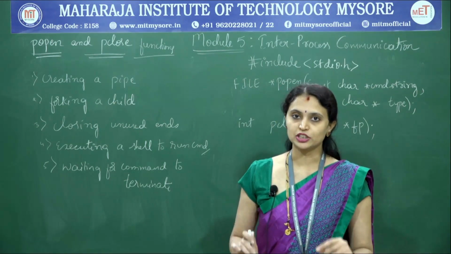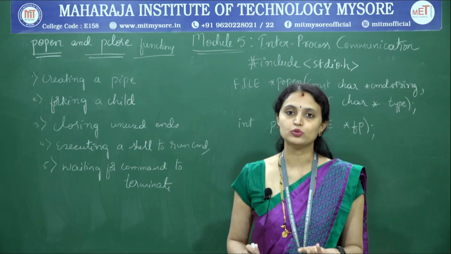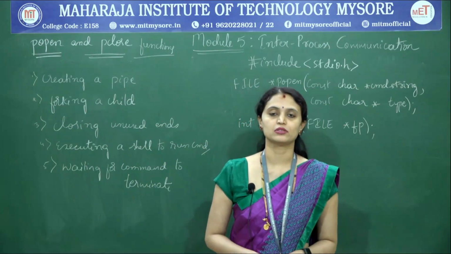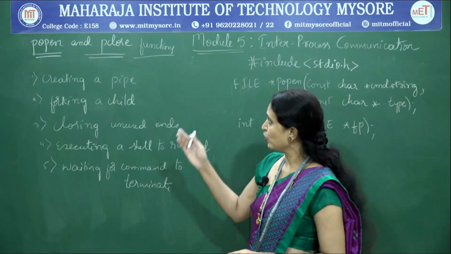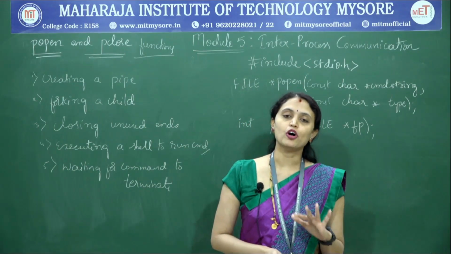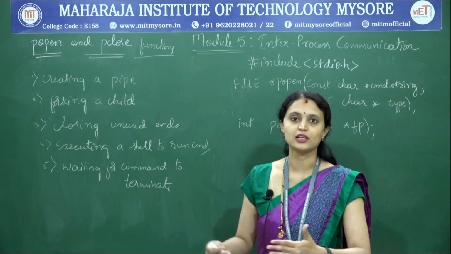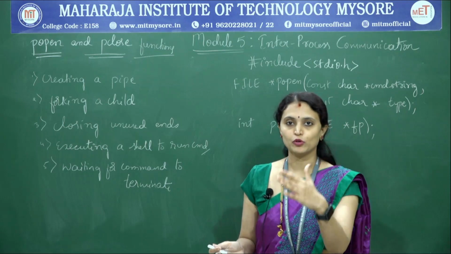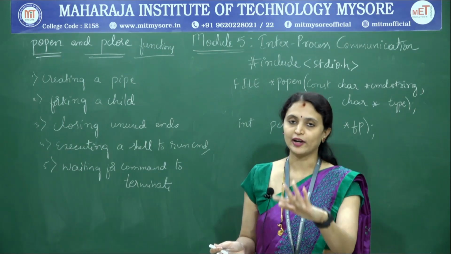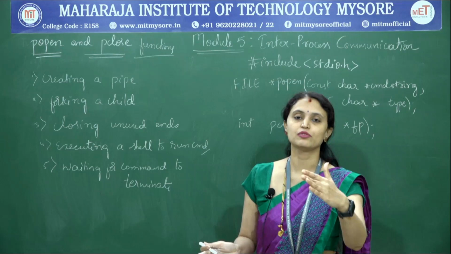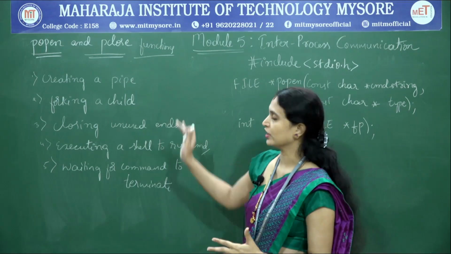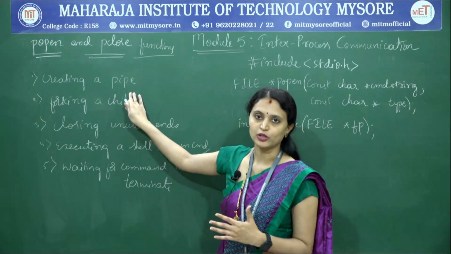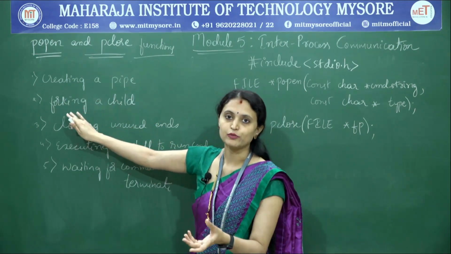These actions can be carried out by using only two functions, that is popen and pclose. Popen and pclose functions will perform all the actions which I have told you just now, like creating the pipe, forking, closing the read end, enabling the write end. So generally these two will perform creating the pipe, and then forking a child.